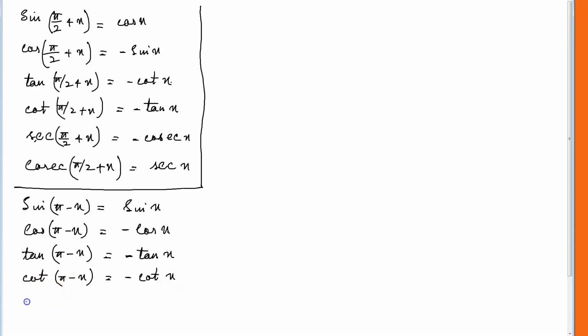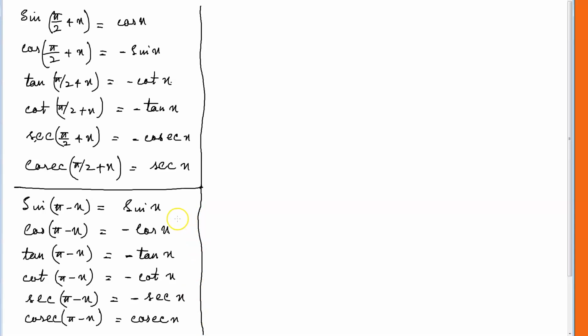We said that the secant of pi minus x is equal to negative secant x. And we said that the cosecant of pi minus x is equal to cosecant x. Right?